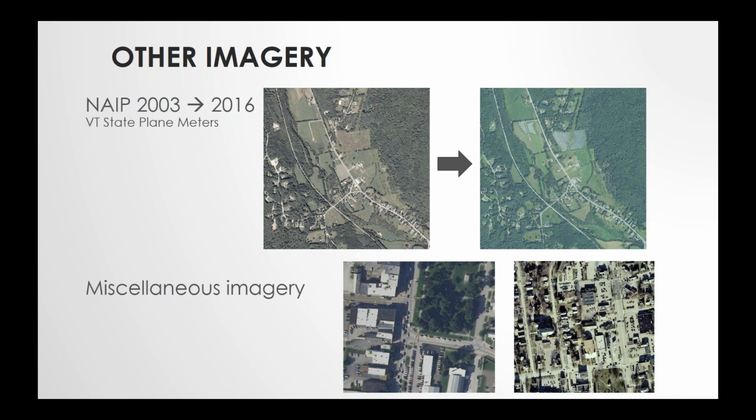It's been a 1 meter until last year of 2016, where they actually upgraded to 60 centimeters. So the resolution has actually improved. What we do is we add that to our library and we project it into the Vermont State Plane Coordinate System and integrate that into both the downloads and web services that we offer.